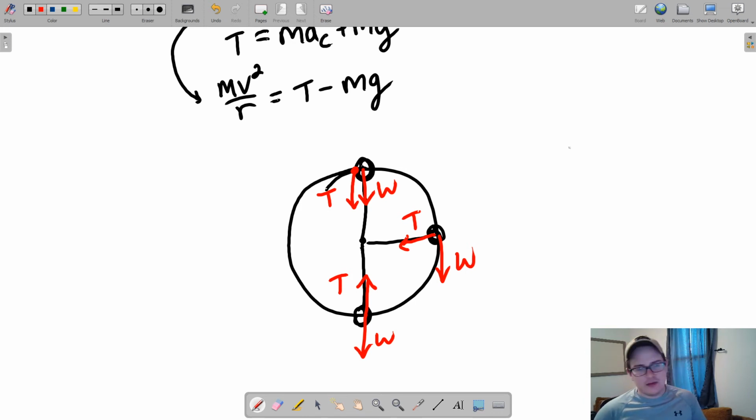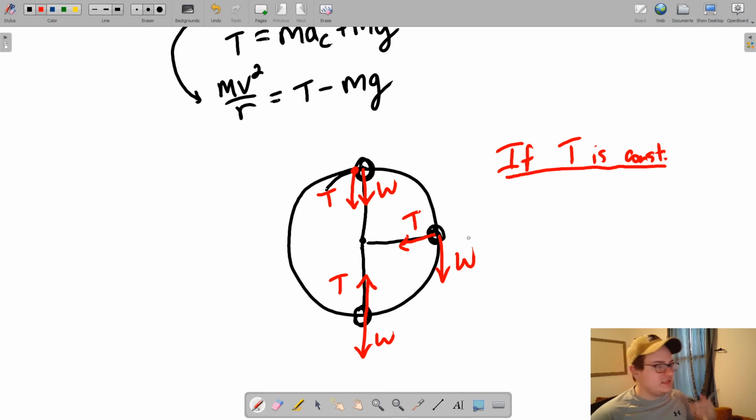Let's talk about if tension is constant. Like the value of tension is constant. What does that do to your speed? And so we'll call this, let's do blue. We'll call this instance 1, call this instance 2, and then call this instance 3.